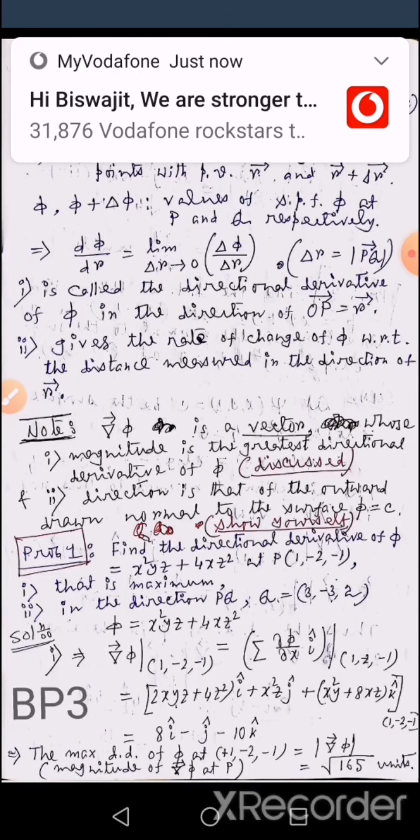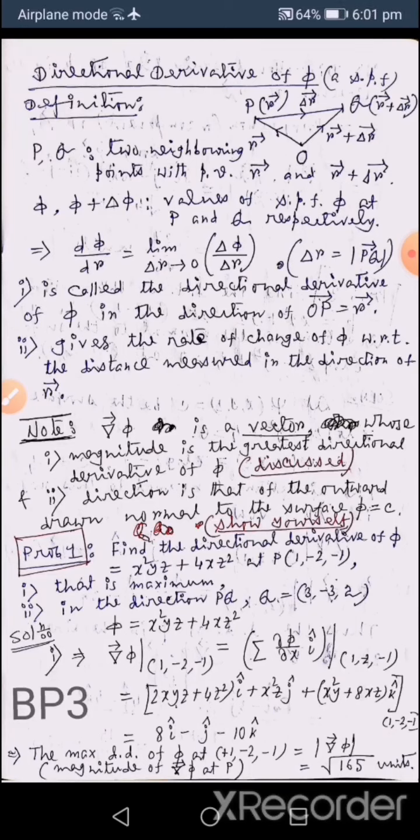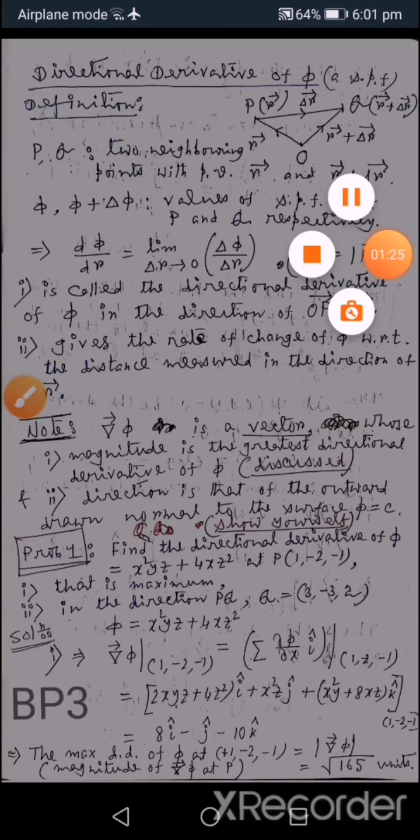So the maximum directional derivative of phi at (1, minus 2, minus 1) will be equal to square root of 64 plus 1 plus 100, that is square root of 165 units.